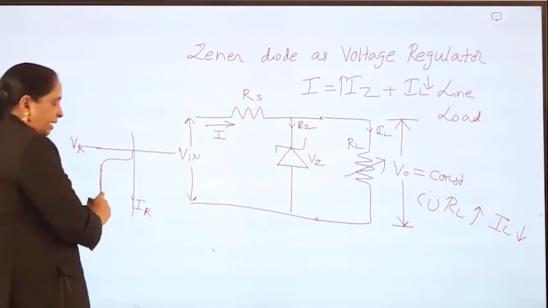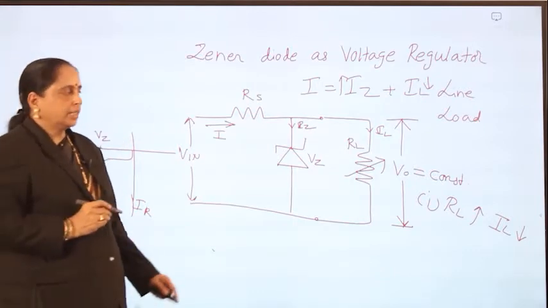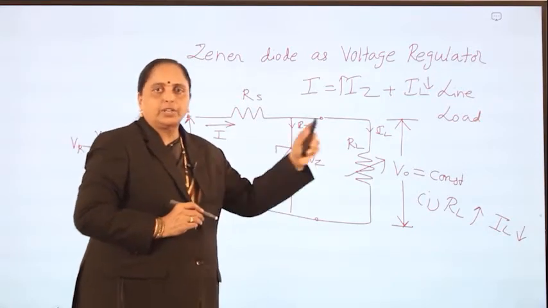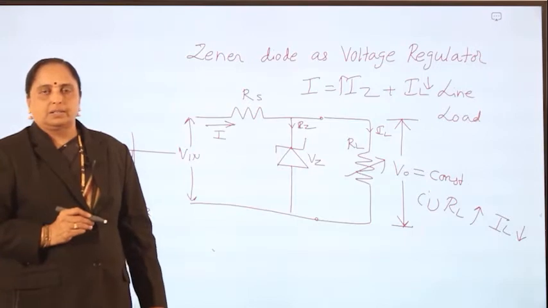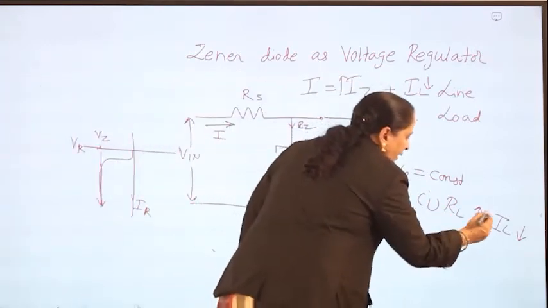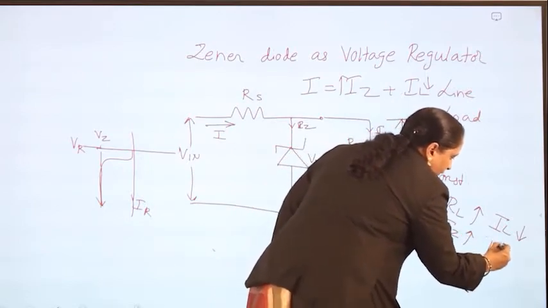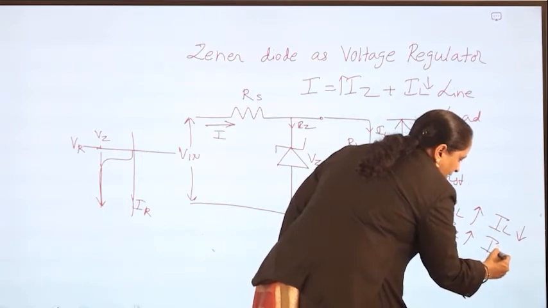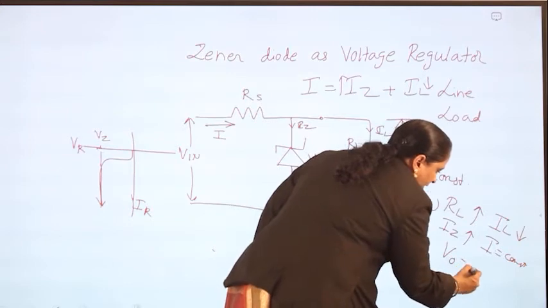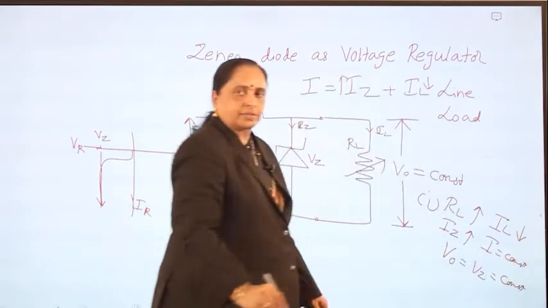Whatever the zener current may be, the voltage is fixed. Therefore, even with Iz increasing, Vz is nothing but V0, because it is connected in parallel, according to this characteristic. So when IL decreases, Iz must increase. Therefore, I must be constant, and V0 is equal to Vz, which is constant. This is the first case.